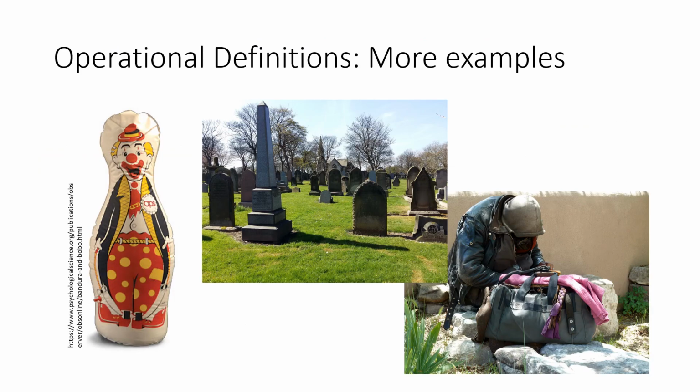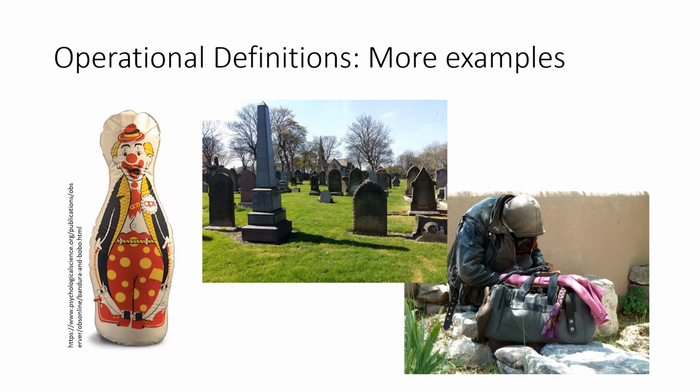The research methods in psychology reading about psychological measurement includes another example that might be helpful. You might have heard about the study where researchers had children punch an inflatable toy called a Bobo doll. The study was carried out by Albert Bandura in collaboration with other researchers. They were interested in physical aggression in children, so the construct they were interested in was physical aggression.